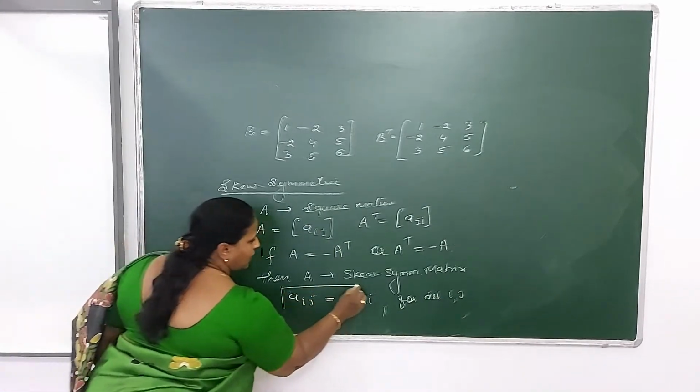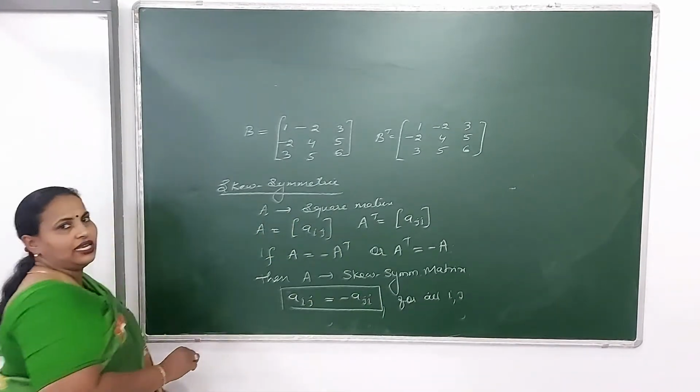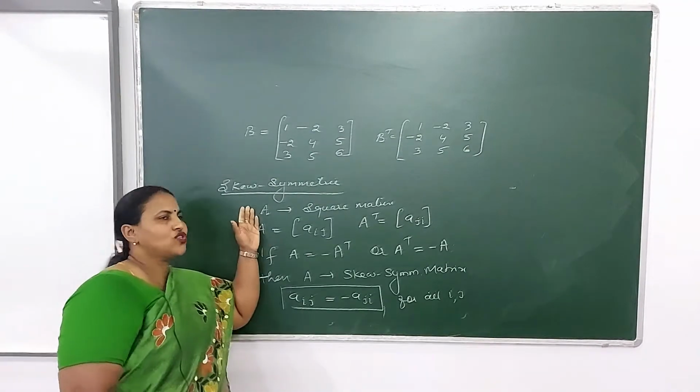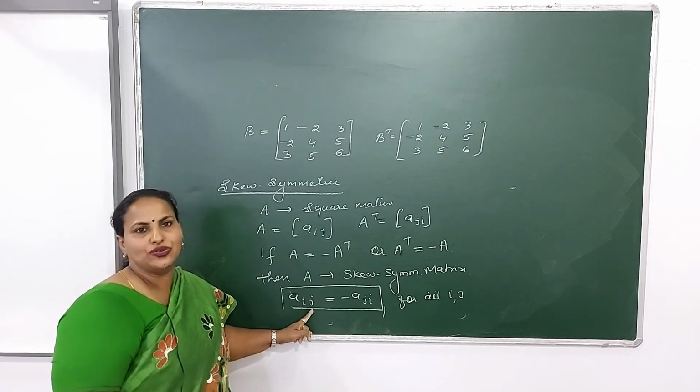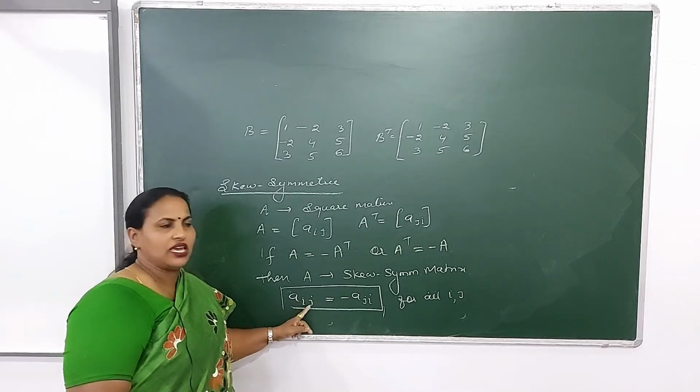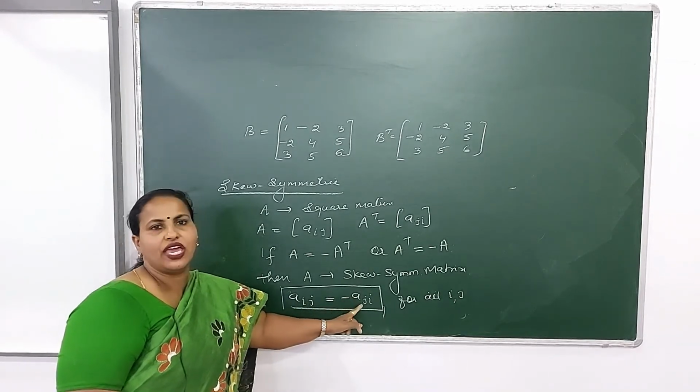This is a very important condition. In case of skew symmetric matrix, the element will follow this rule: Aij is equal to minus of Aji.